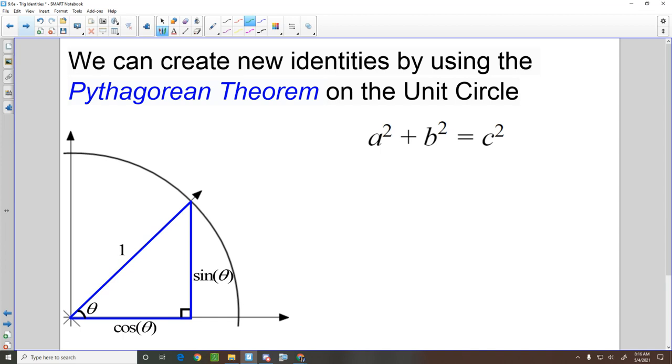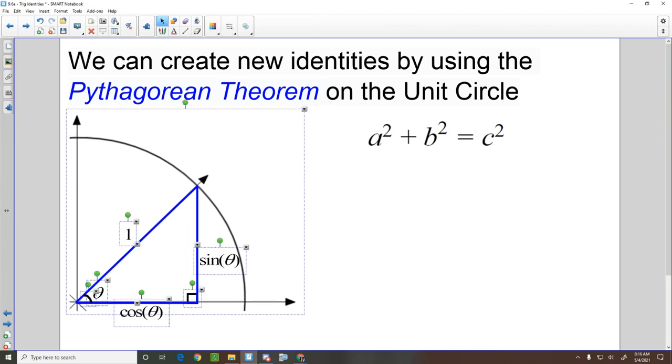And we're going to create them by using the Pythagorean theorem on the unit circle. Wait a minute, we're still using that thing? Still using the unit circle? What? Yep. Still using this wonderful creation called the unit circle. Do you remember when I first started the first quadrant of the unit circle?